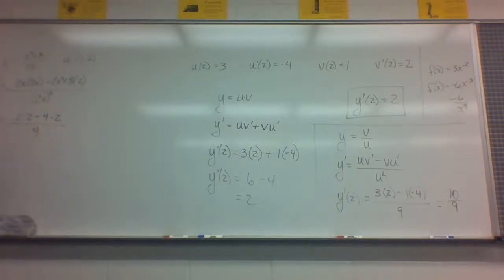You can do the mental plug-in of x equals 1, so you can plug it in right there. You don't have to simplify anything if you don't want to. And that is 4 minus 8, which is negative 4 over 4. So y prime at 1 is negative 1.